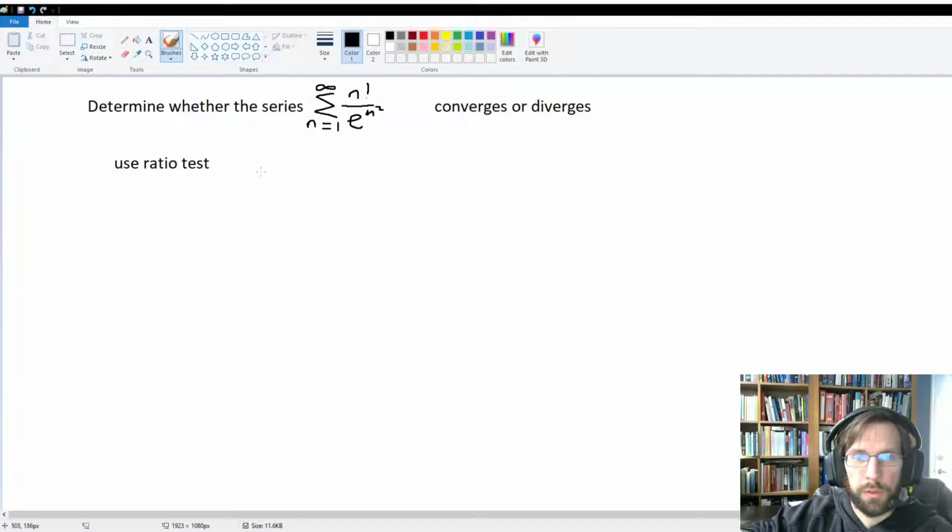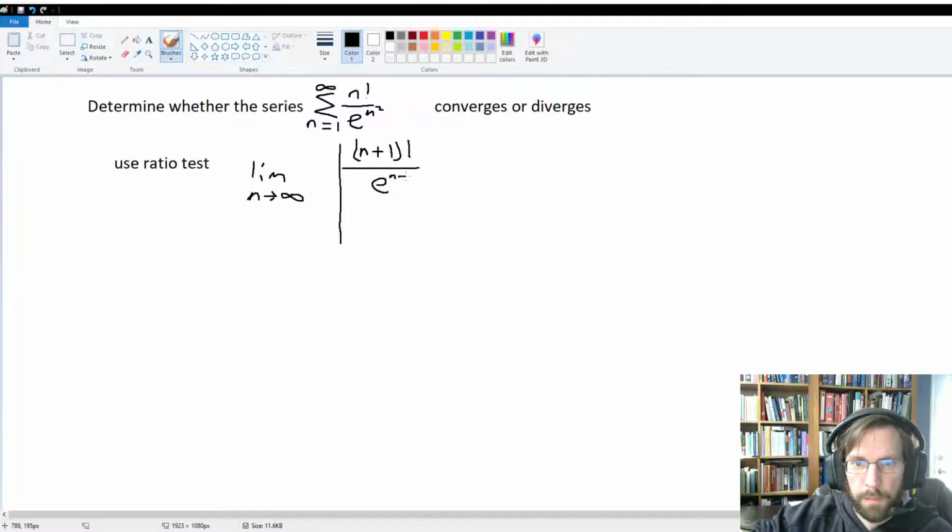Okay, so when we use the ratio test, we're going to take the limit as n goes to infinity of the absolute value of the n plus first term divided by the nth term.